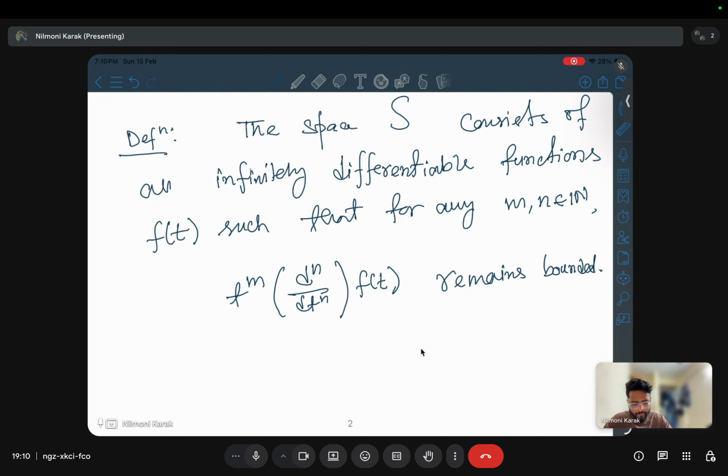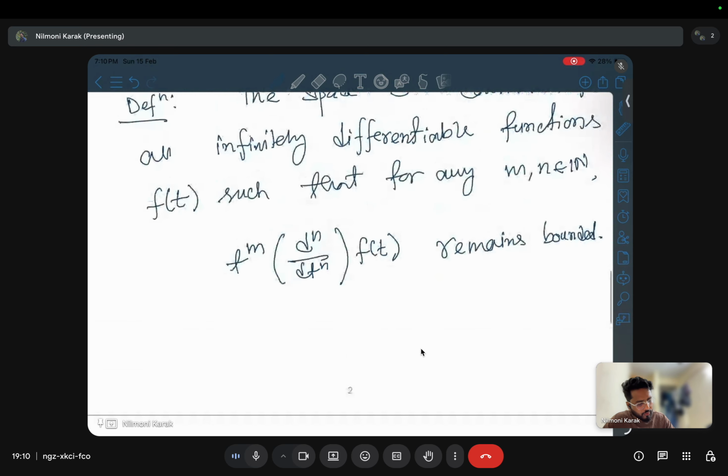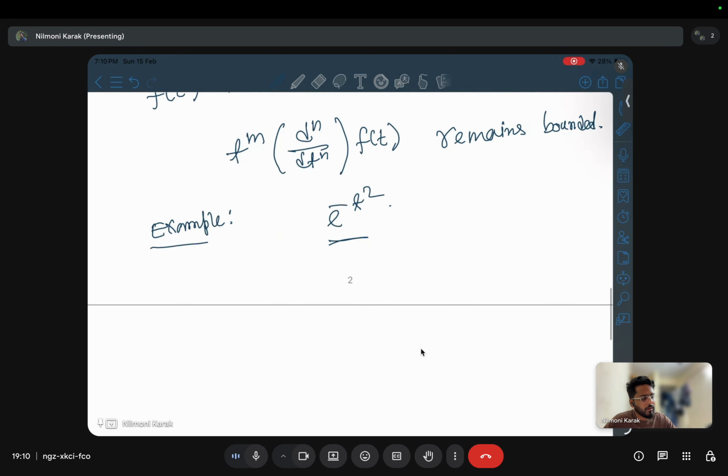One easy example is e to the power minus t square. Why?